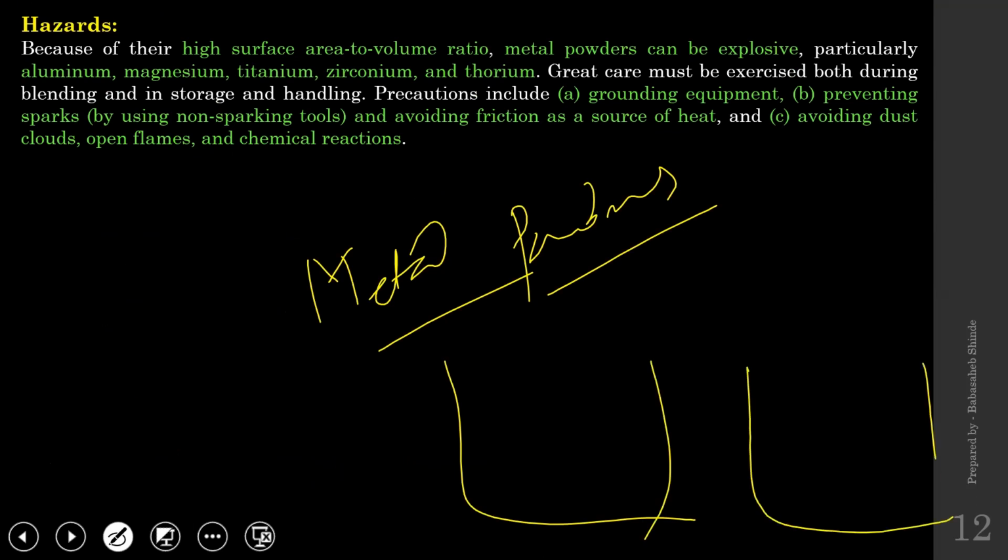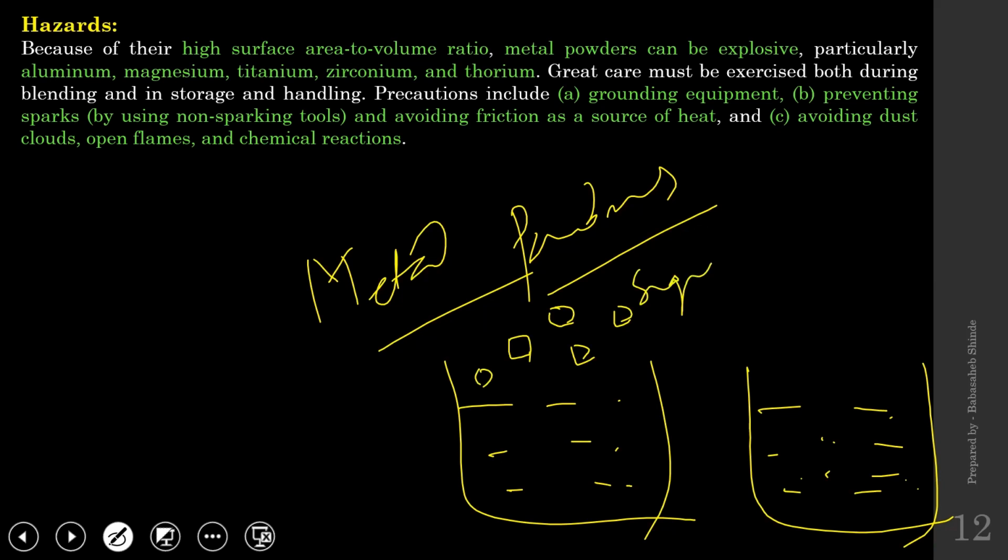There are two containers filled with water, both are filled with water. In the first container, I dropped a coarse sized sugar, and in another container I converted this sugar into sugar powder by grinding, and then that sugar powder is dropped into this other container. I will ask you a simple question.